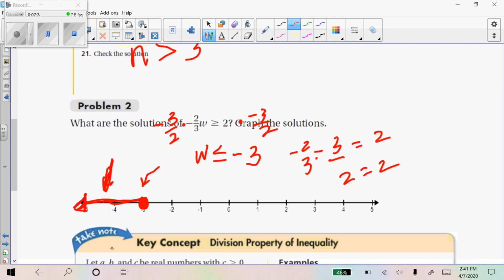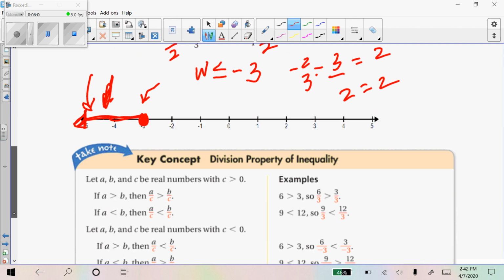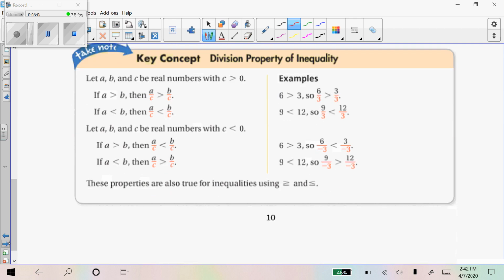And since in my equation I'm dividing by 3, I'm going to pick a number that's divisible by 3. I'm going to pick -6. So if I do -2/3 times -6, -6 is down here. That equals +4, and 4 is greater than or equal to 2. So that works also. So I check two things. All right.